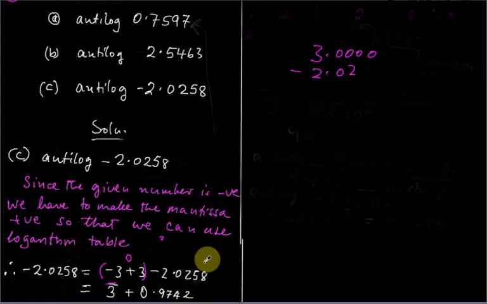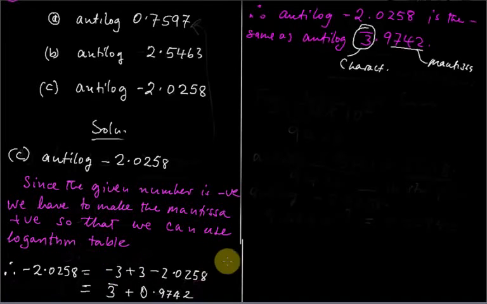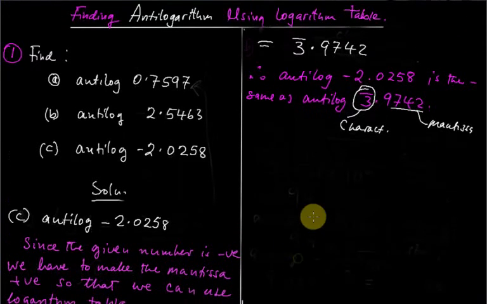Mind you, when we were dealing with the first one and the second one, we went the same way. So here we have bar 3.9742. You will use your 4 figure table to look at it, because this is your characteristic and this is the mantissa. Find 97 under 3 and 97 under 4, 9742.